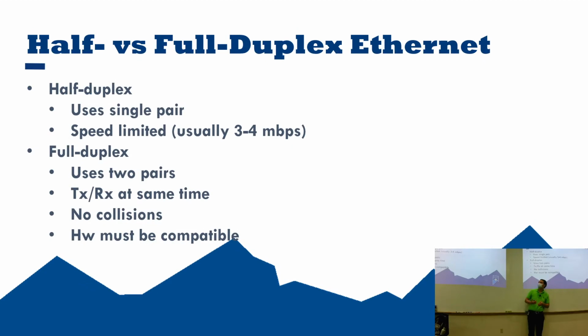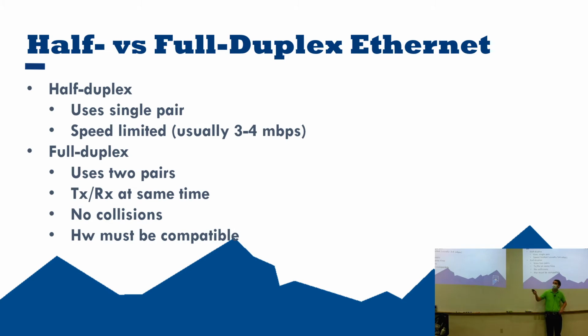Let's talk about half versus full duplex Ethernet. Half duplex, I'm going to tell you, you'll probably never see in practice. If you think back to chapter 3, where we covered the different types of Ethernet cables, do you remember how some of them were only using one single pair? That's using half duplex. Is that going to be very fast? No, it's not.